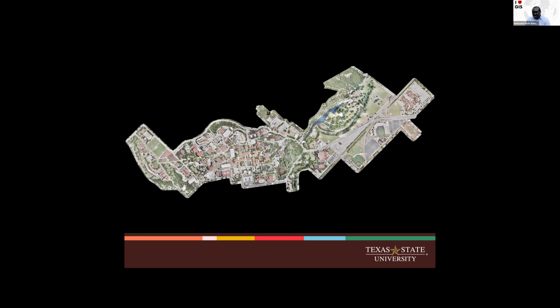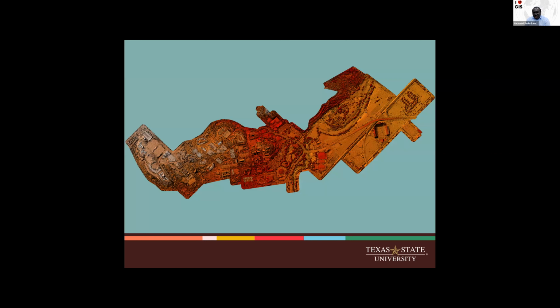That's the spatial resolution. All right, and then we turned the drone imagery using photogrammetry software. You are able to produce point clouds, which work just like LiDAR, and it all depends on how much overlap you have in the images.